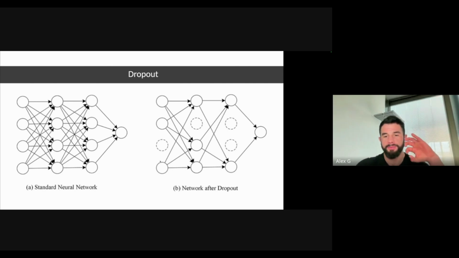Some connections are deactivated. They are not multiplied, not propagated, neither forward nor backward, and the weights of these connections are not changing. It is done aiming to remove overfitting.